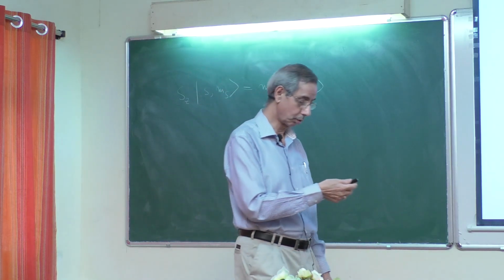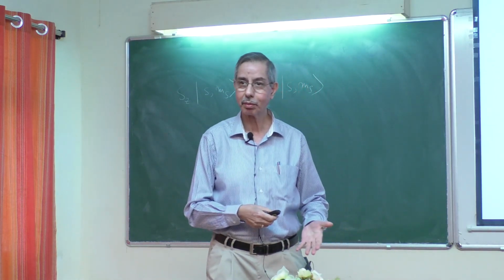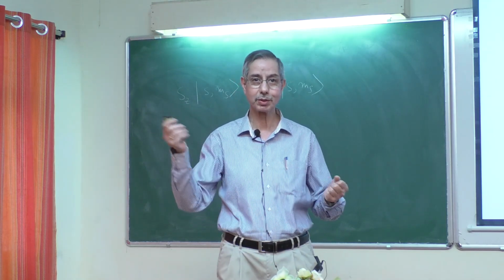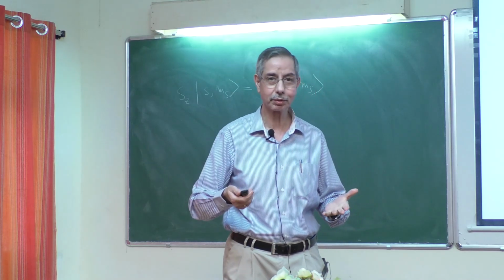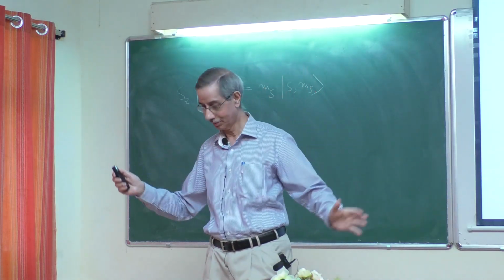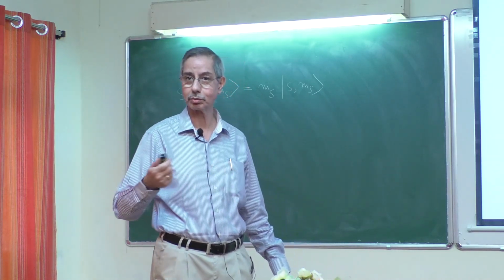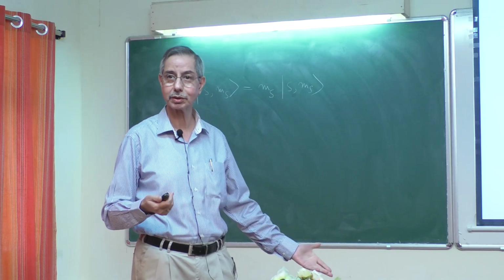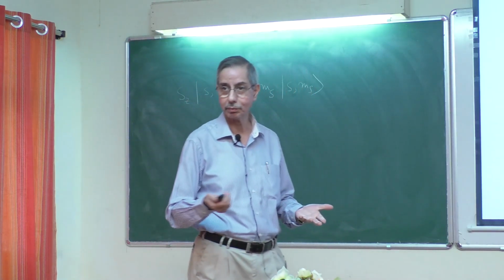So that has to be brought out very explicitly. It is there, but just because H12, the Coulomb interaction, did not operate on the spin part of the wave function does not mean that the spin part is absent.